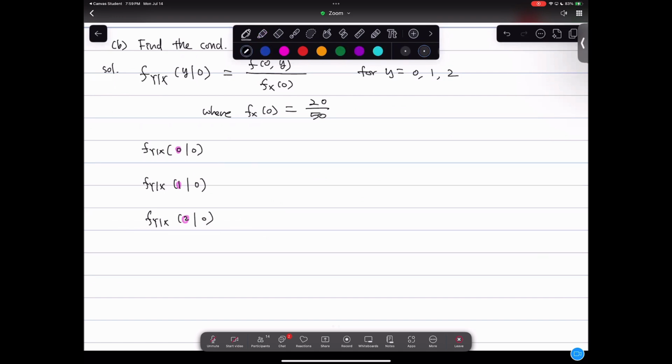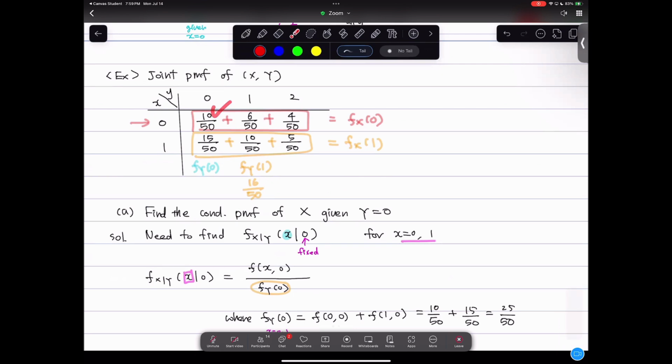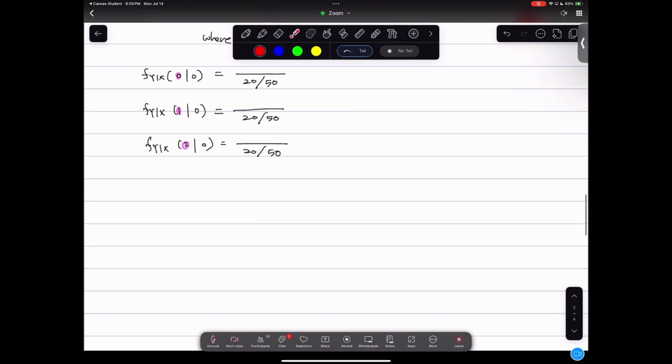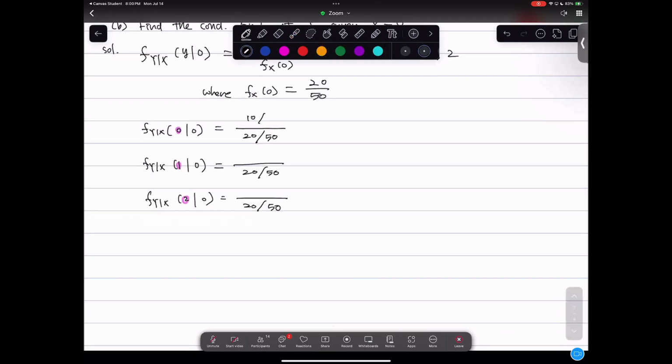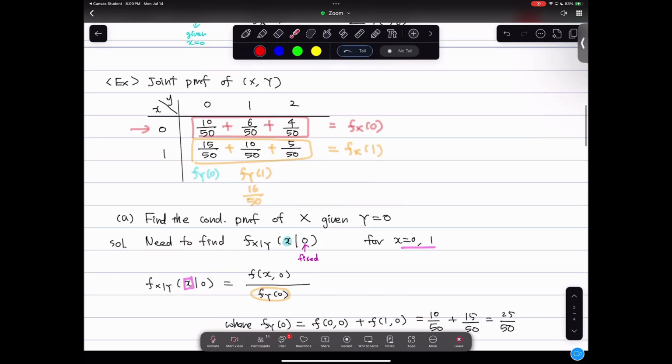So therefore, out of 20 over 50, same thing, out of 20 over 50. The first one says a joint, f of 0, 0, which is 10 over 50. Then the second one here is 6 over 50.